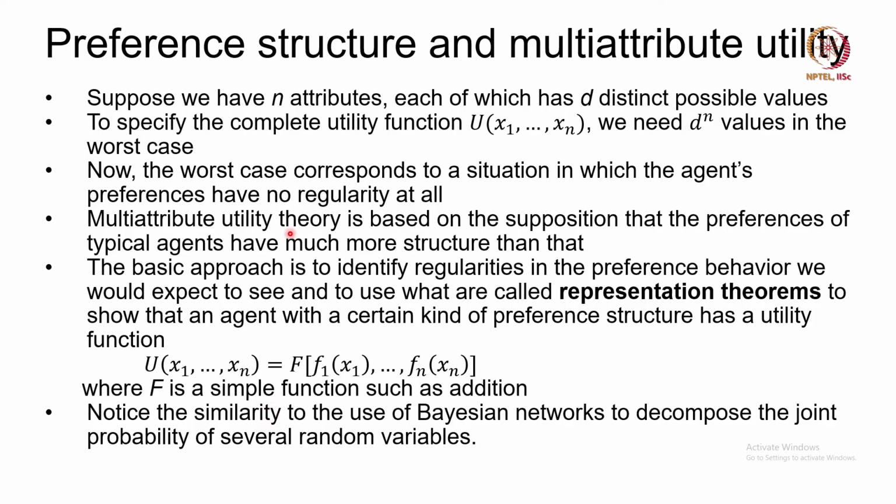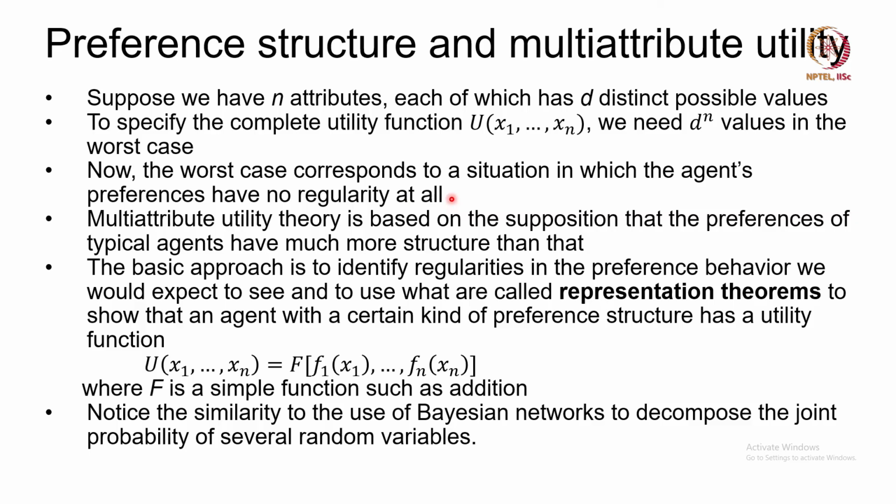Okay, then we need to see the preference structure. So suppose all these things are not there, we need to take all the attributes into account. Then you need to have some way of combining the attributes. So you have some function here which combines the attributes x1 to xn, right. So the worst case is that the agent's preferences have no regularity at all.